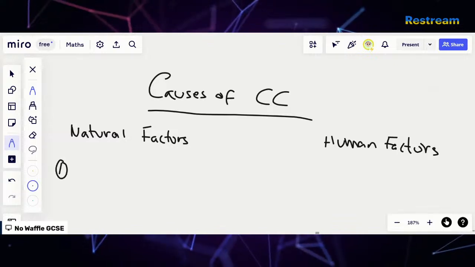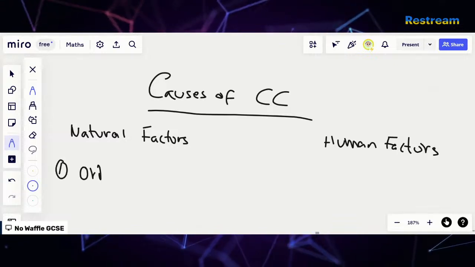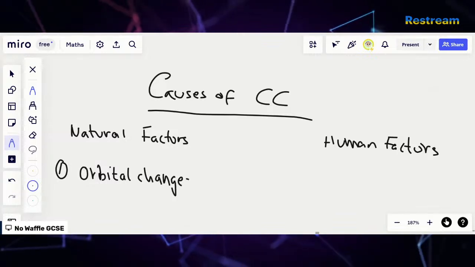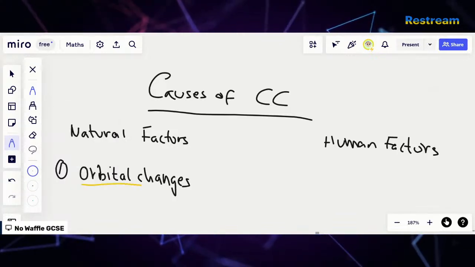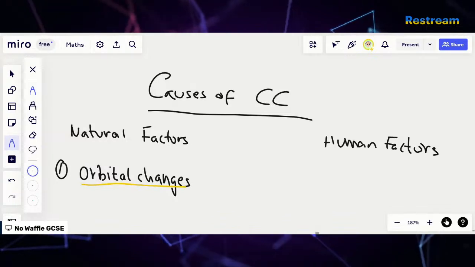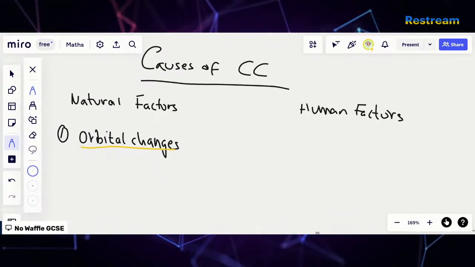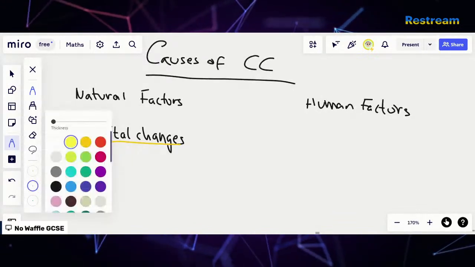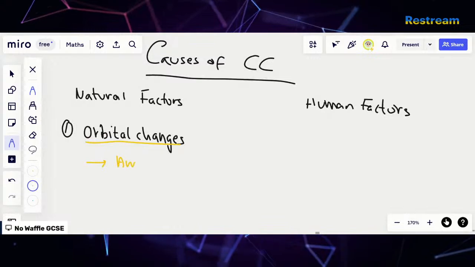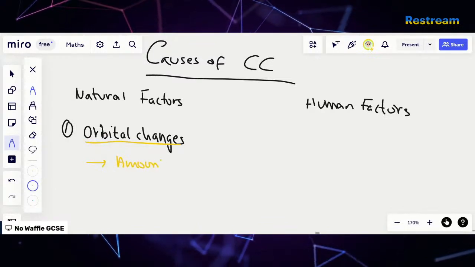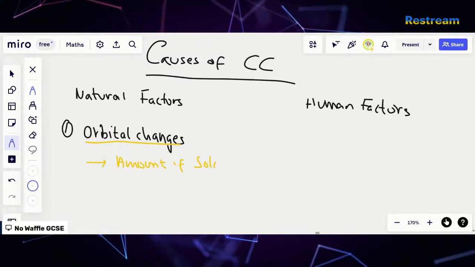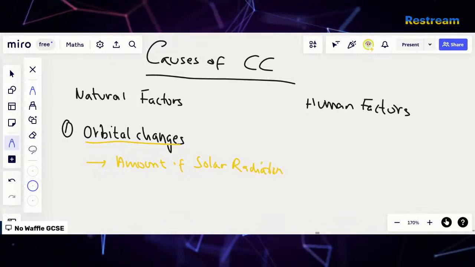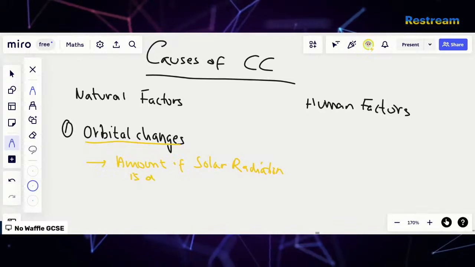So the natural factors, firstly, we have orbital changes. Now this is referring to how much solar radiation we receive is different. So the amount of solar radiation is different.